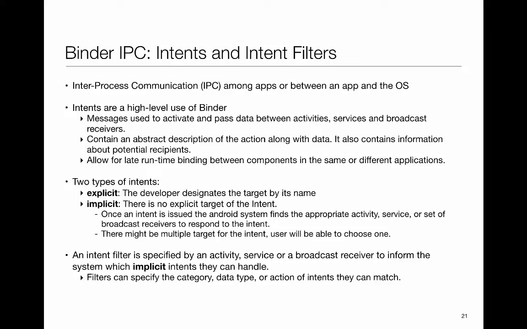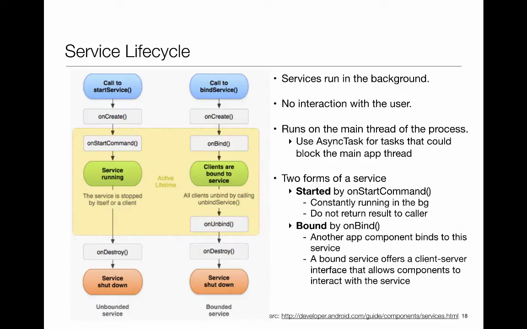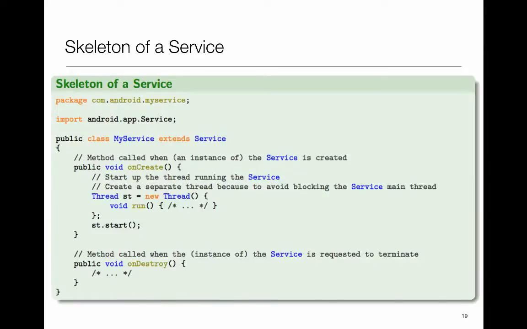For explicit, for example, as I talked about before, the way you invoke a service from activities. If your activity wants to start a specific service, like my foreground UI wants to start a service to do some sensing tasks on the user, I have to use an explicit intent and say that I want to start this exact service.